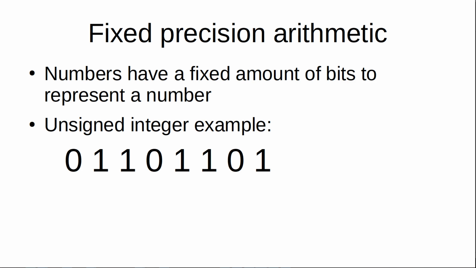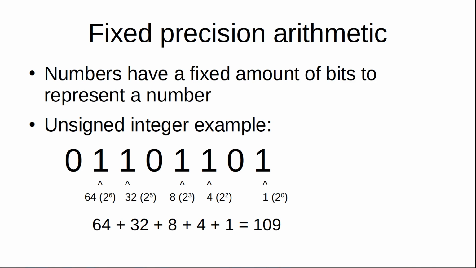For example, with this number, working backwards from the least significant bit, each bit is worth 1, 4, 8, 32, and 64, because those are the powers of 2 for each of their respective positions. And that gives you a total of 109, meaning that this string of bits represents 109.